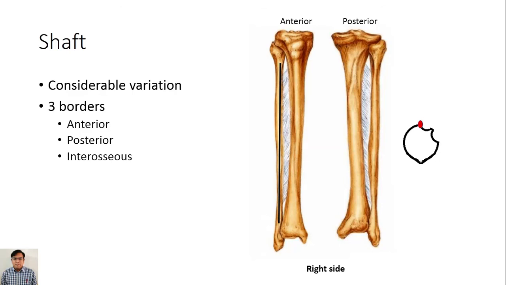So this black line is the anterior border, and the red dot on the cut section shows the anterior border. Now this black line is the posterior border, and the red dot on the cut section is the posterior border.